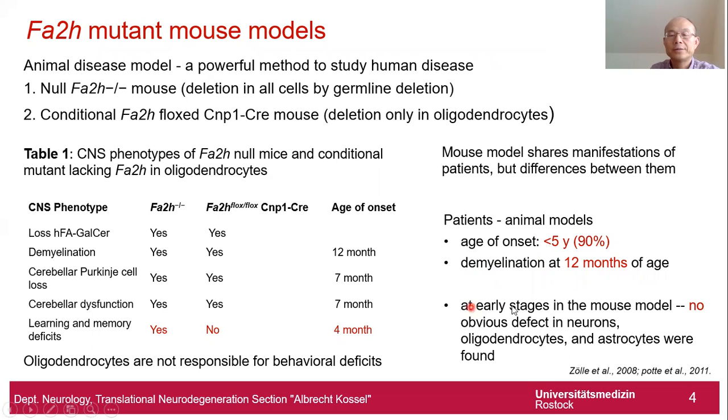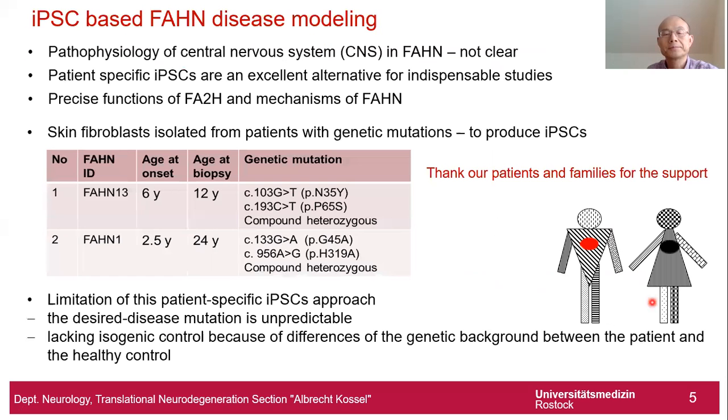Furthermore, at an early stage in the mouse model, no obvious defect in neurons, oligodendrocytes or astrocytes was found. Therefore, it is necessary to build iPS-based FAHN disease models for the study of the mechanism of FAHN.